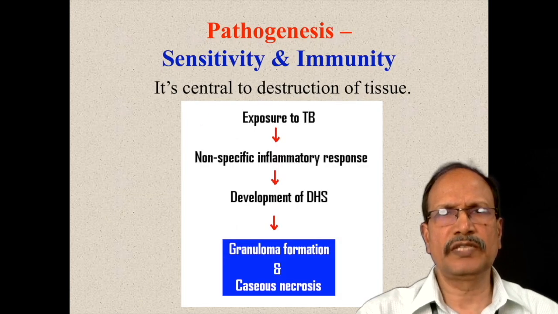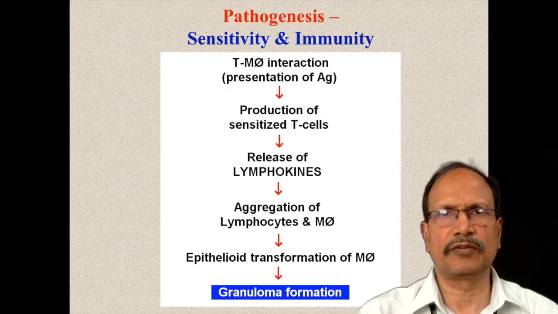In pathogenesis, the exposure to tuberculosis is associated with a non-specific immune response to start with, and in the course of time the person develops a delayed hypersensitivity reaction, which results in granuloma formation with caseous necrosis. To elaborate more on this, the bacilli are phagocytosed by macrophages, processed, and the antigen is presented to the T helper cell.